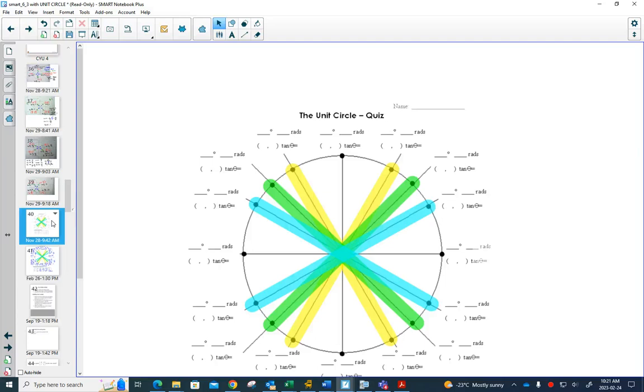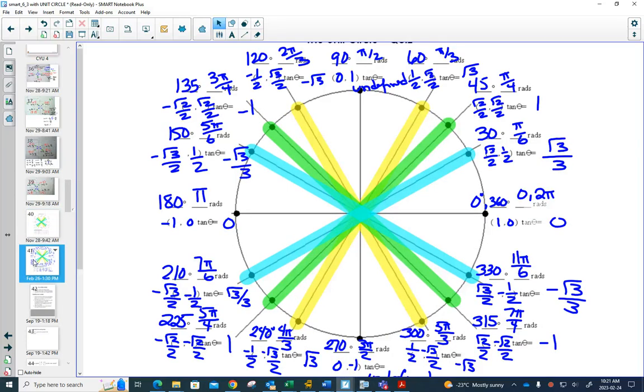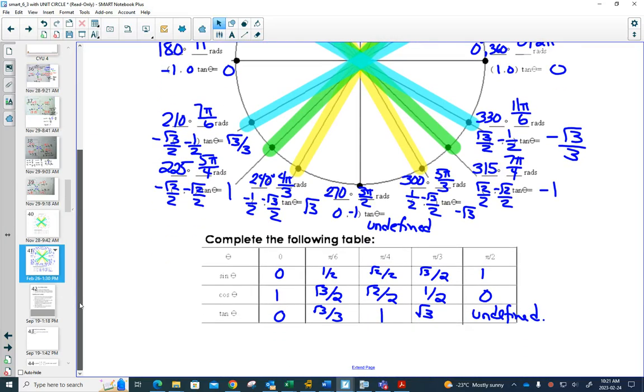And just change positive or negative. They all have the same reference angle, so you can figure out the degrees and radians easier. So you're going to have to fill out this entire thing, right? There it is. All of the information from your 4 families put together in one.